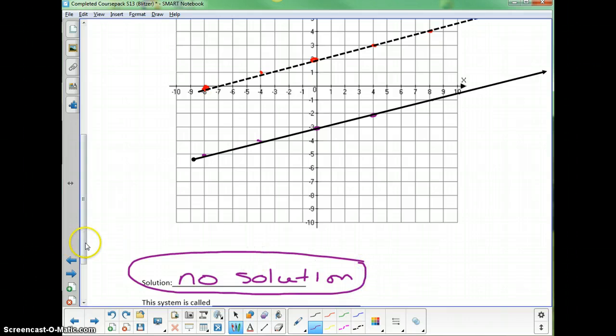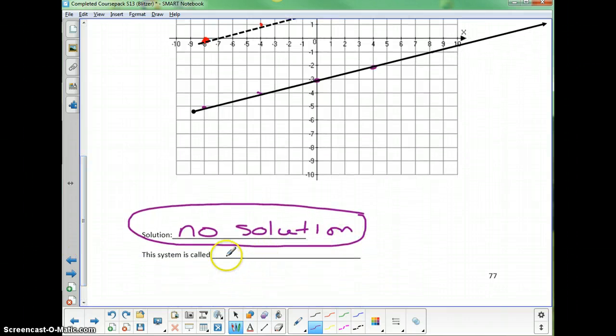And when this happens, the system is called independent and inconsistent, and the type, I guess, would just be parallel.